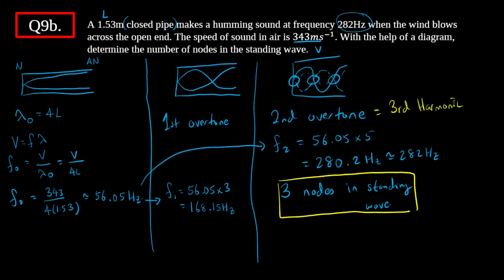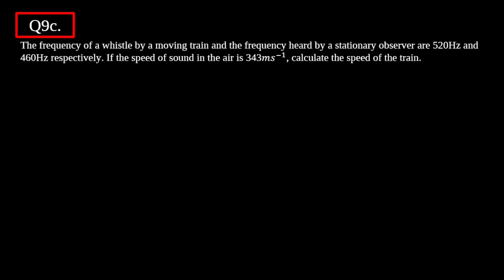Moving on to the last part of question 9. This question is on the Doppler effect. This effect explains how the frequency that you perceive can be higher or lower depending on whether the source is moving towards you or away from you.